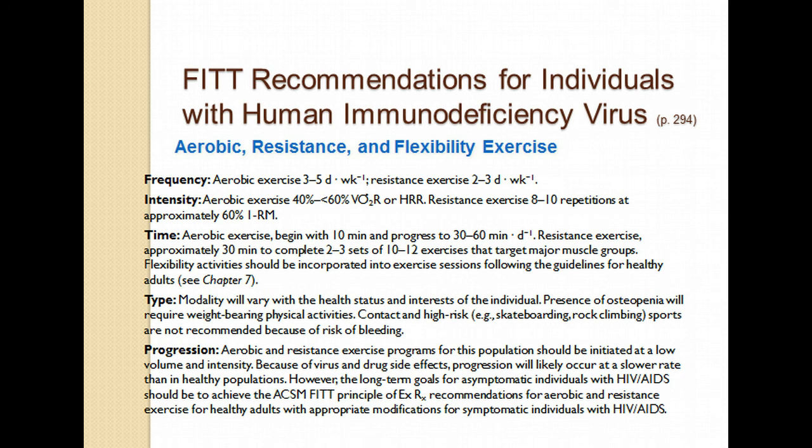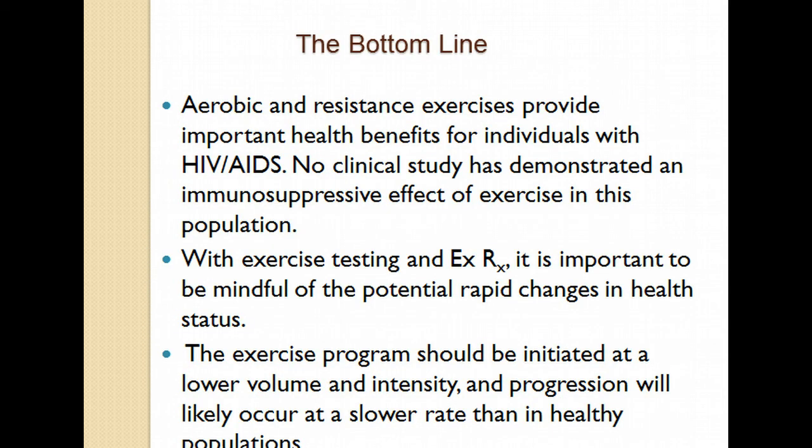Much slower progression. So just like with many of the chronic conditions we've talked about this semester, you would probably want to progress people at about half the rate that you would do for a normal, healthy adult. But there isn't any data that indicates that exercise training is harmful for persons with HIV.